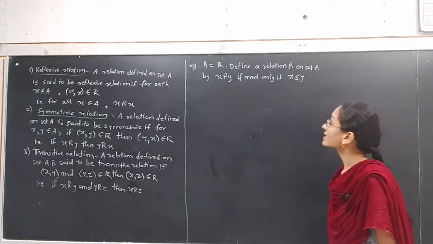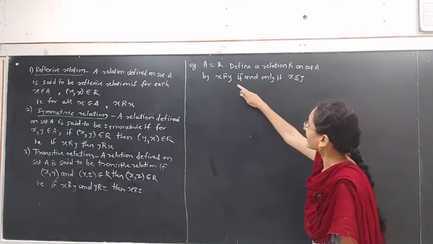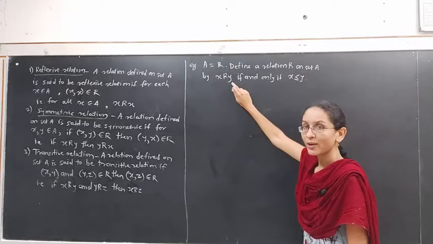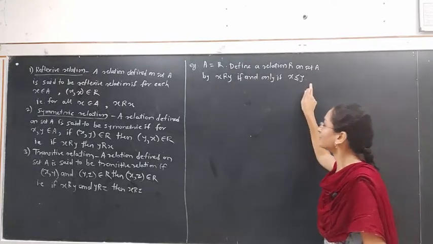If we consider A as a set of real numbers, define relation R on the set A by x is related to y if and only if x is less than or equal to y.